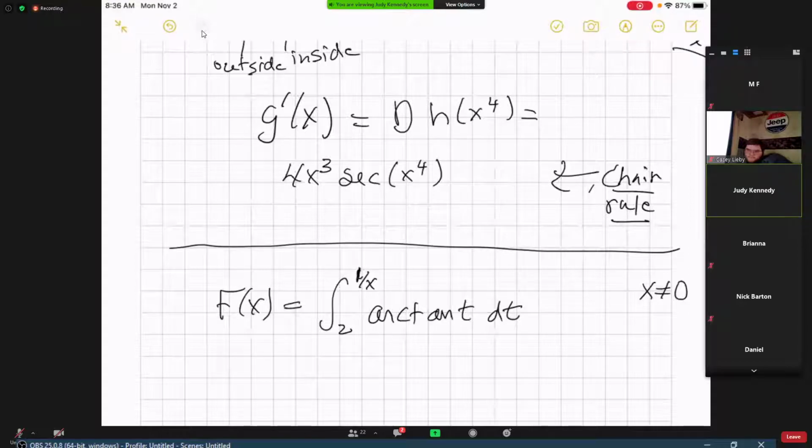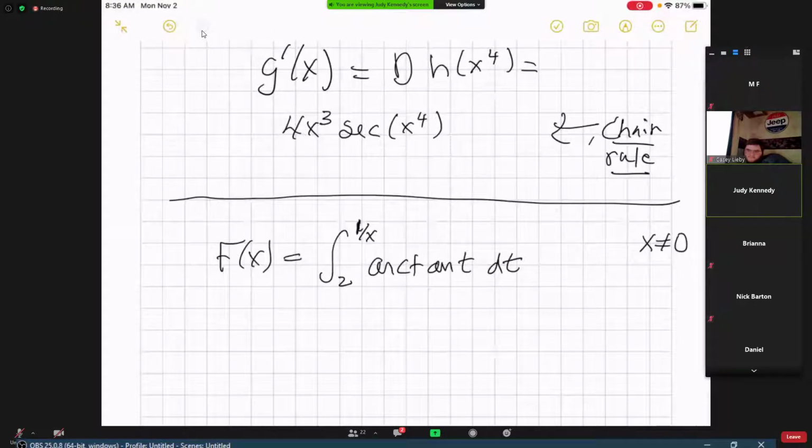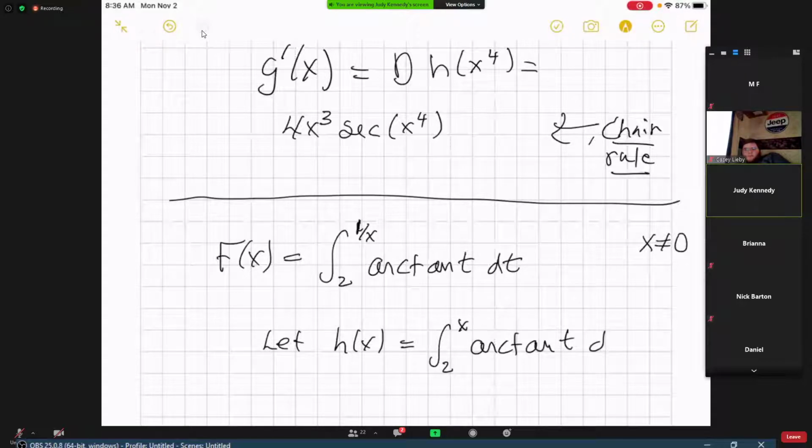But again, this is a composite, okay? Because if I define, let's see, let h of x equal the integral from 2 to x of arctan of t dt. And we want derivatives.